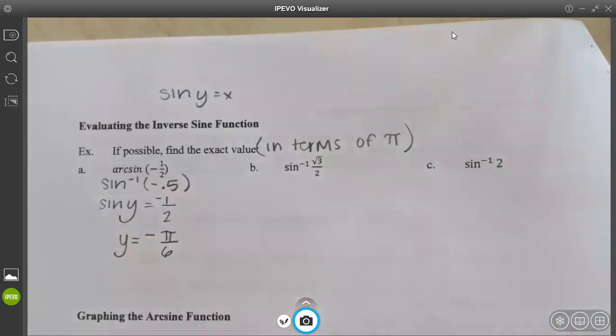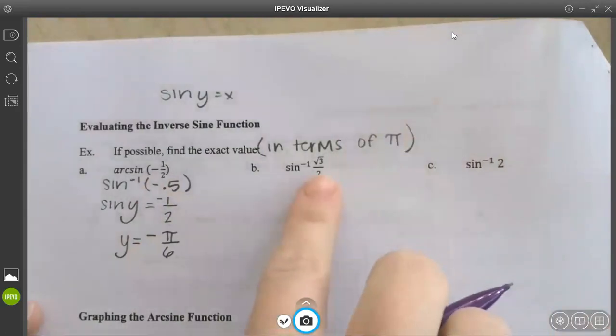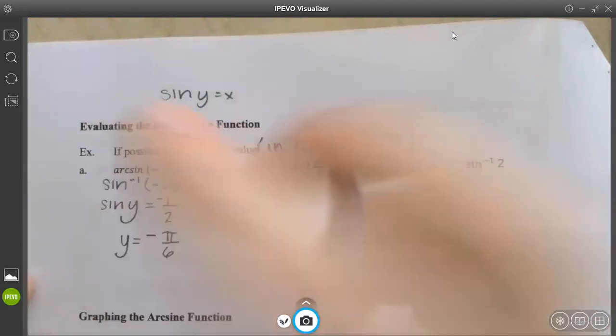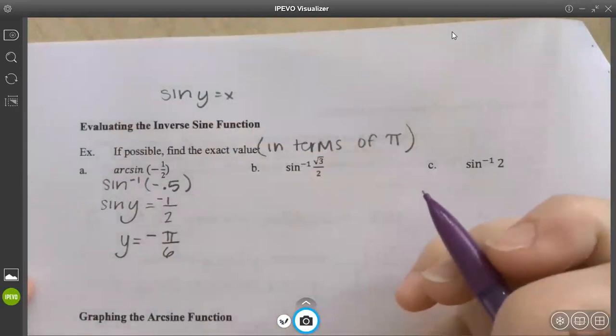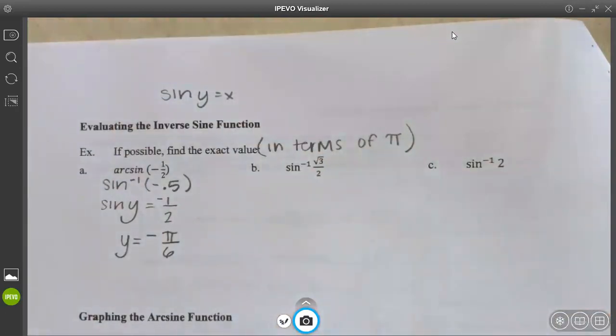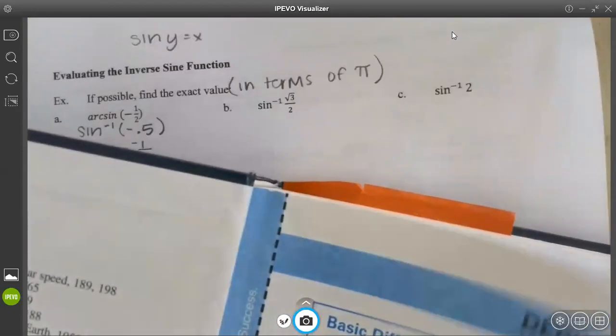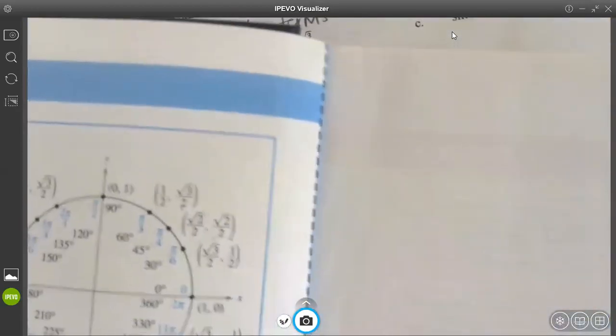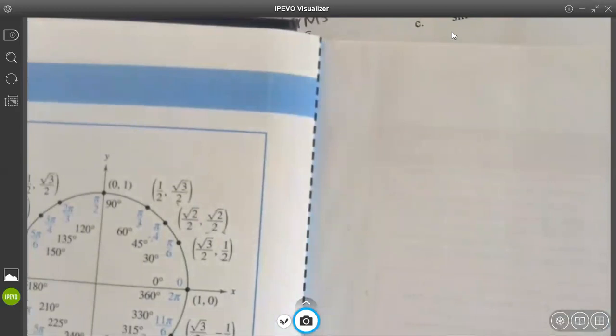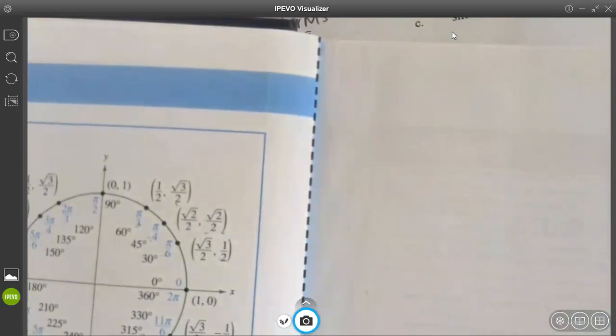Okay. The next one is sine inverse square root of 3 over 2. Sorry, y'all. There's a lot going on right here. Where's your square root of 3 over 2? Pi over 3, or if you did it 60 degrees, I'm going to show you both.